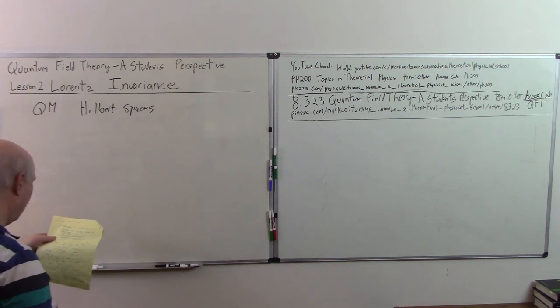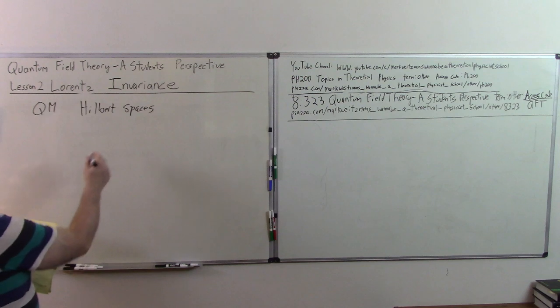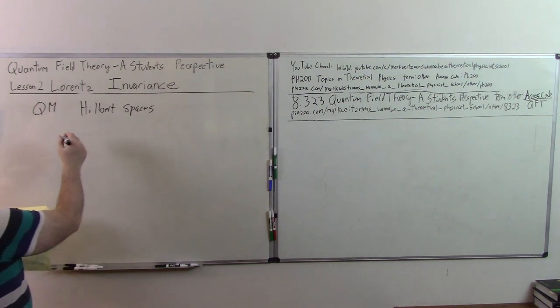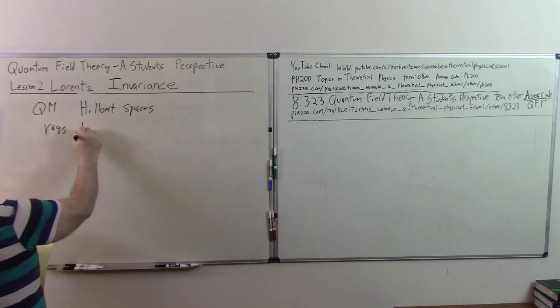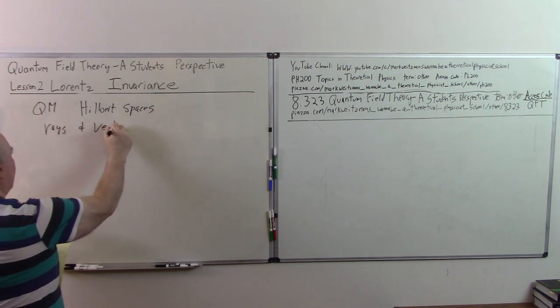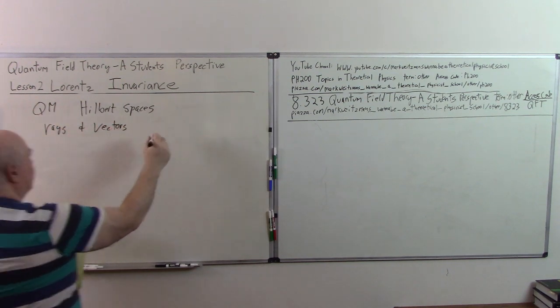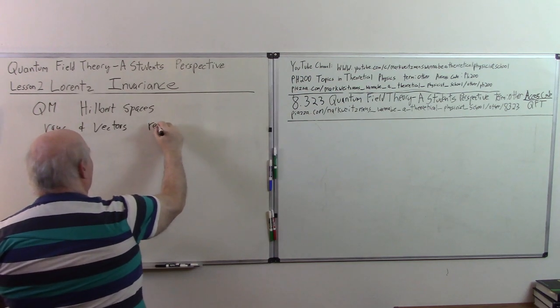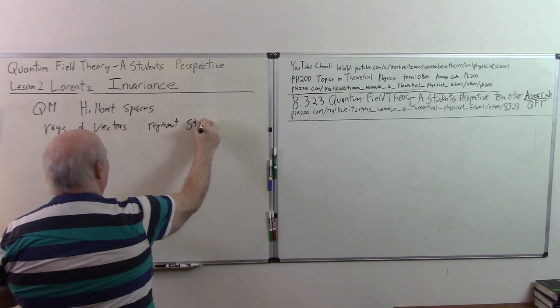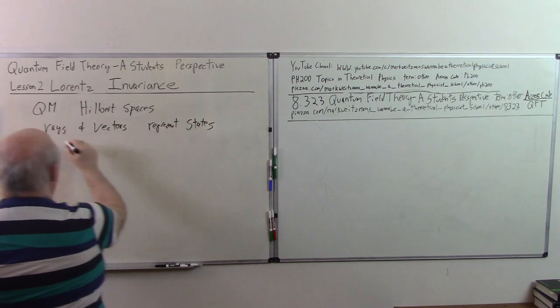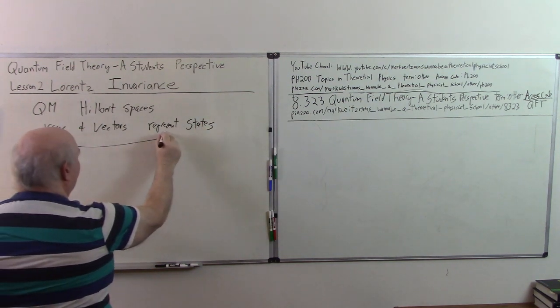So what we have in Hilbert space is rays and vectors, and these represent states. Actually, it's the rays that represent the states.